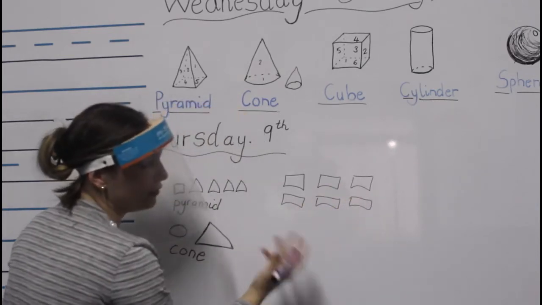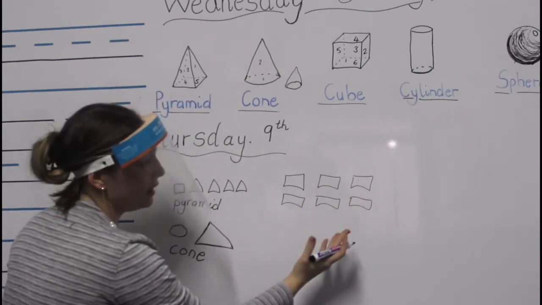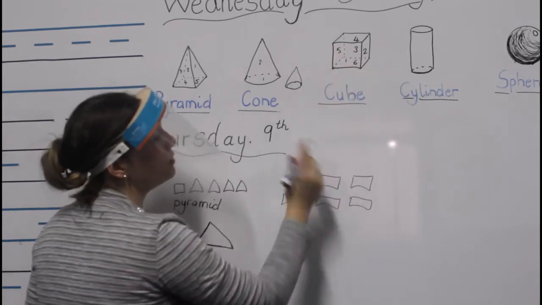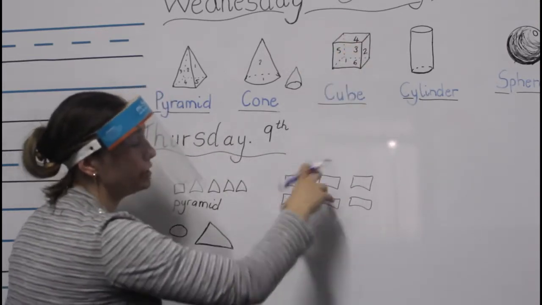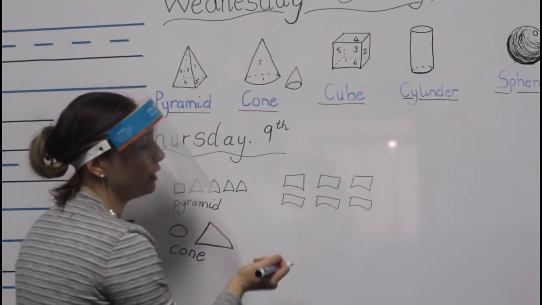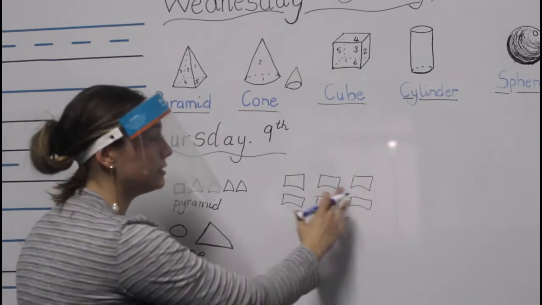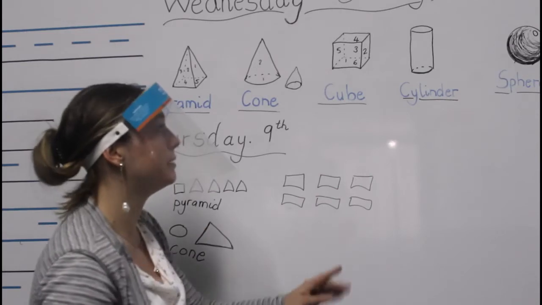Sorry, mine look more like rectangles, but you get the idea. 6 squares, all the same size on every side. So if we had to take apart a cube, that's what it would look like. It would just be 6 flat squares, all the same size.